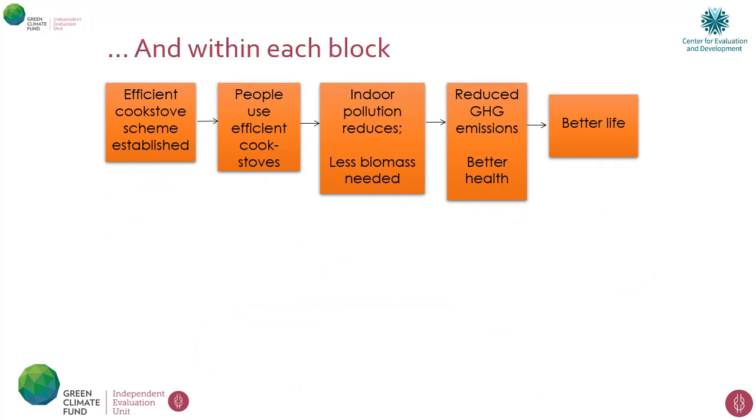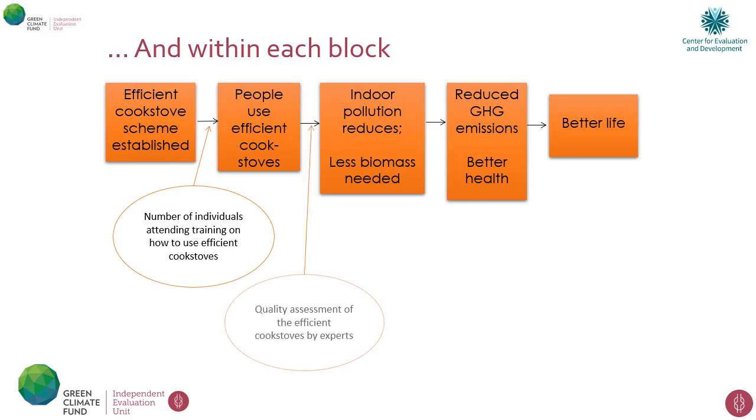But then, you also need indicators within each block of a theory of change, and this to test its assumptions. For instance, from step 1 to step 2, you could measure the number of individuals attending training on how to use efficient cook-stoves. From step 2 to step 3, a quality assessment of cook-stoves could be conducted by experts.